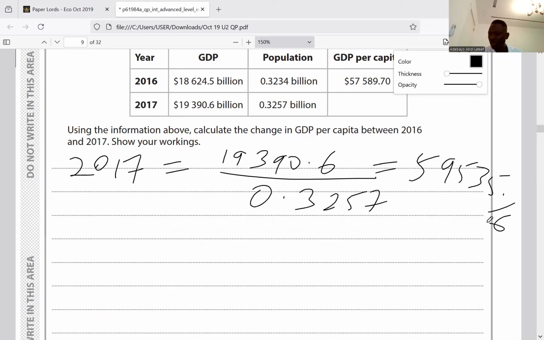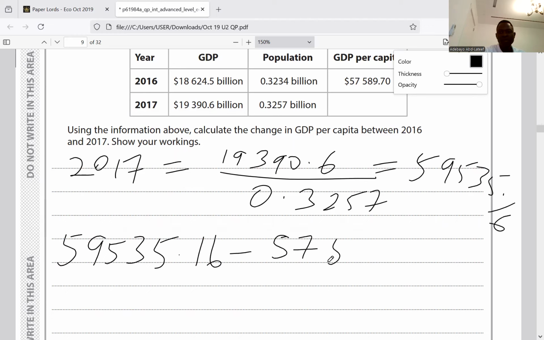So the change will be 59,535.16 minus 57,589.70.